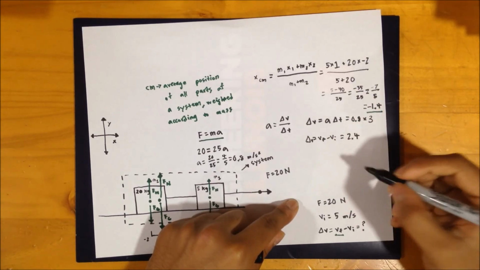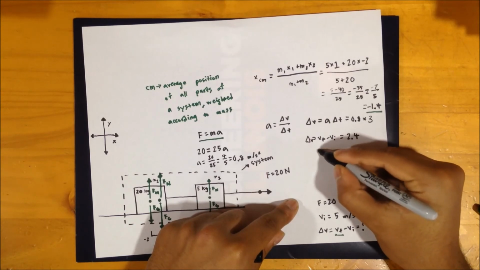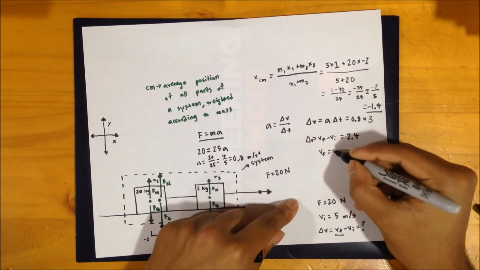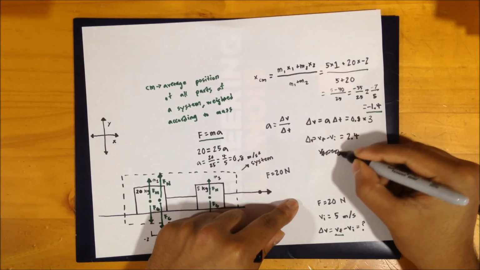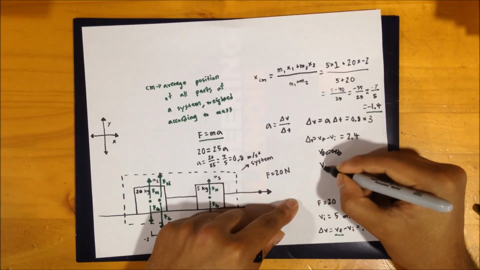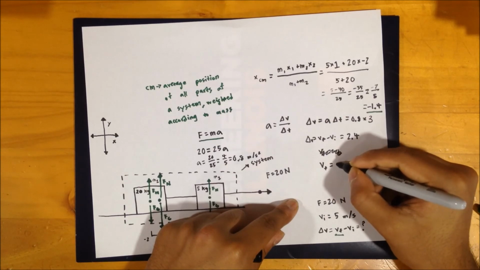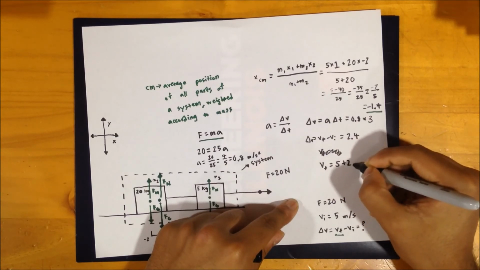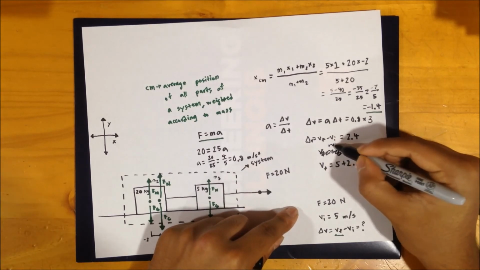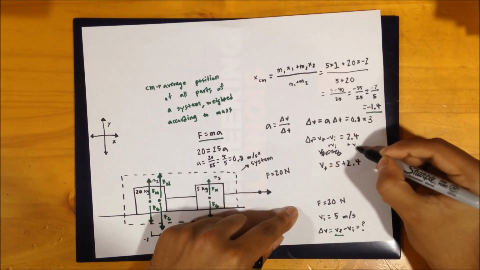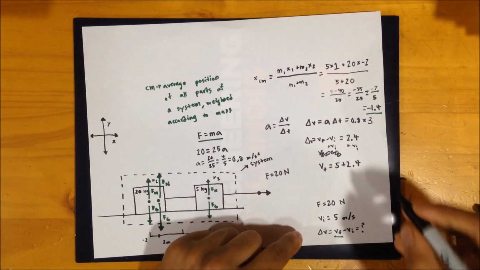Using some simple algebra once again, we get velocity final minus 5 equals 2.4, so velocity final is equal to 5 plus 2.4, as we simply add vi to both sides, and vi is 5 meters per second.